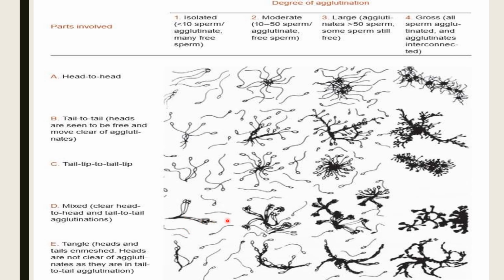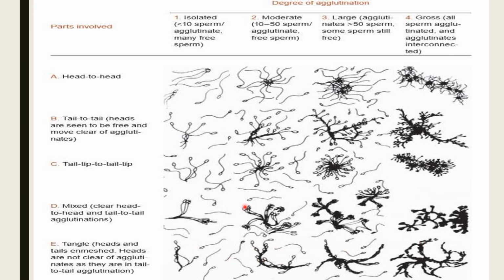It could be head to head and tail to tail within the same sample. Few are head to head, and then others are tail to tail. They could be tangled, meaning their heads and tails are attached to each other in a mixed formation.